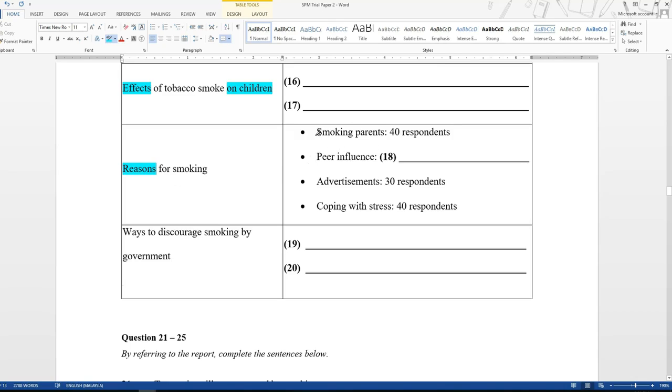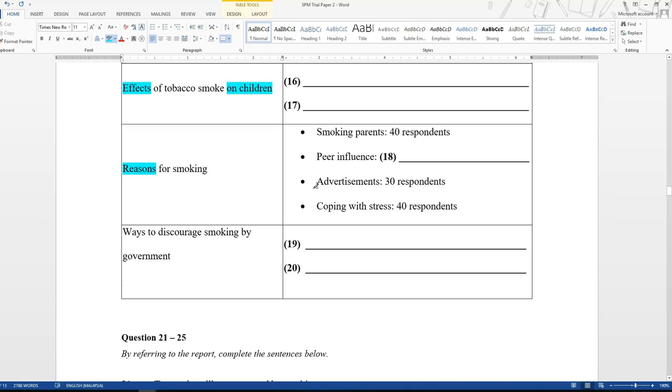So the first one, smoking parents, there are 40 respondents. The next reason is peer influence. What is the meaning of peer? Peer means friends of the same age group. So they want you to fill in the blank here with how many respondents there are, meaning how many people gave this answer for their reason for smoking.